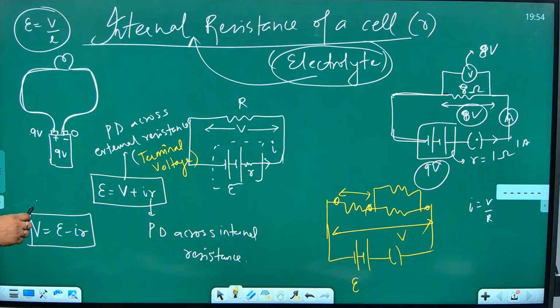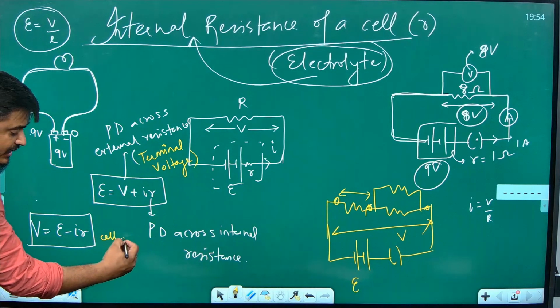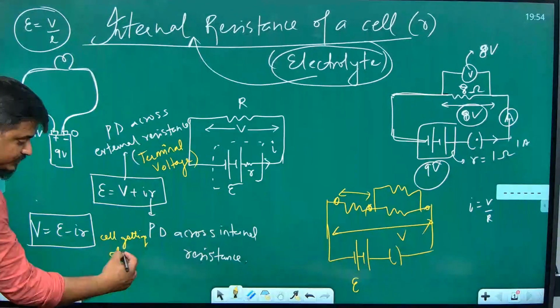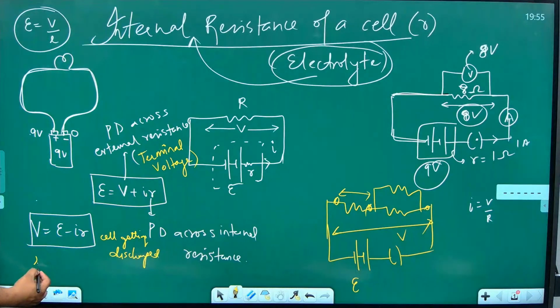So this is the relationship between terminal voltage and EMF when the cell is getting discharged. And it can also be written as E plus IR. See, when you have rechargeable batteries, like a mobile phone battery that gets discharged, you will charge it, no?